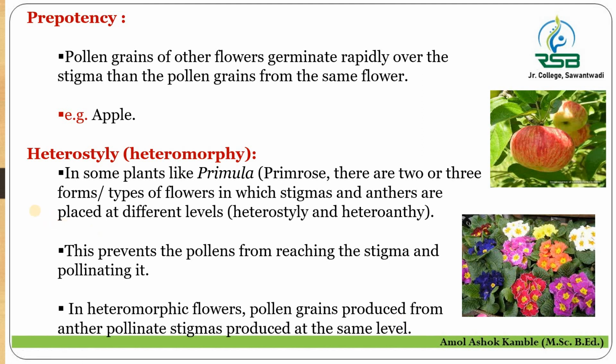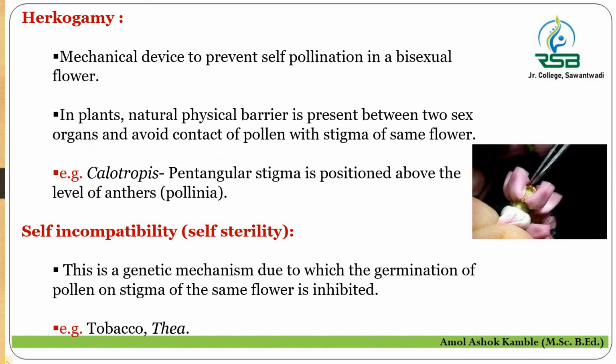Then next is hercogamy. It is the fifth outbreeding device. It is the mechanical outbreeding device which helps to prevent self pollination in case of bisexual flower, and various natural physical barriers are present between the two sex organs, that is androecium and gynoecium, to avoid the contact of pollen grain with the stigma of the same flower.